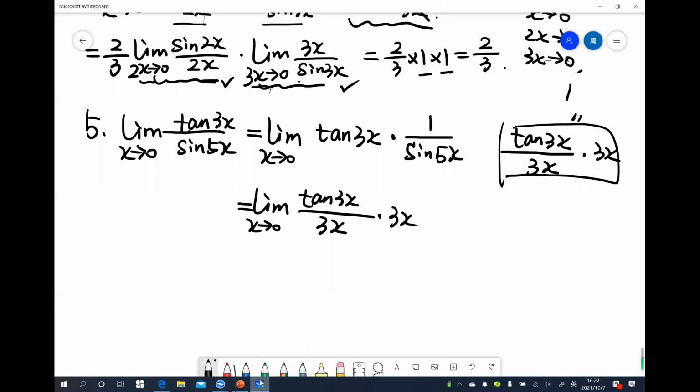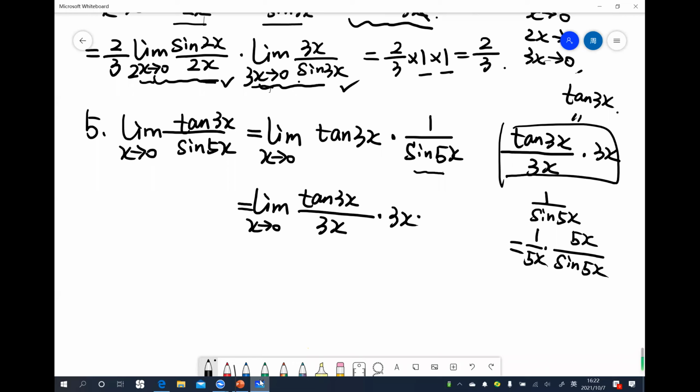And for the second part, 1 over sine 5x, if I want to use the formula, there should be 5x over sine 5x. But to make it the same, I must multiply by 1 over 5x, right?